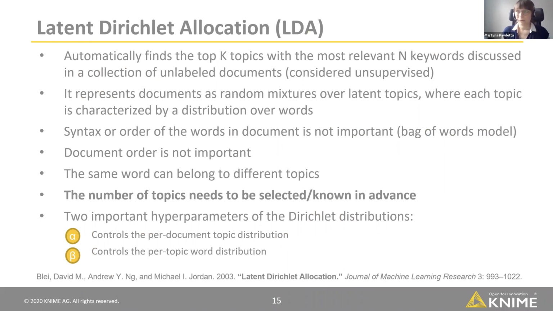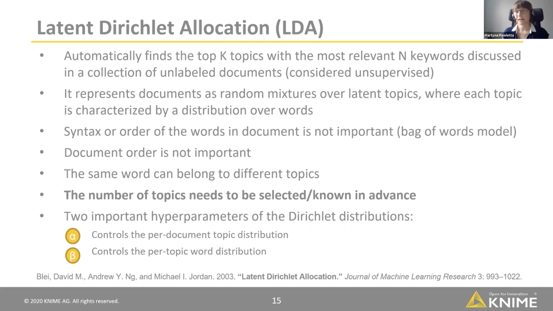Before we move to the workflow of this use case, let's focus on the topic modeling algorithm that was used for the implementation of the node in KNIME, which is the latent Dirichlet allocation. So in general, the LDA is able to find automatically topics with the most relevant words discussed in a collection of documents. Those documents are, as we said, unlabeled, so therefore it can be considered an unsupervised method.